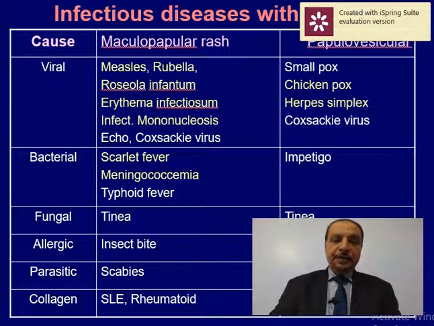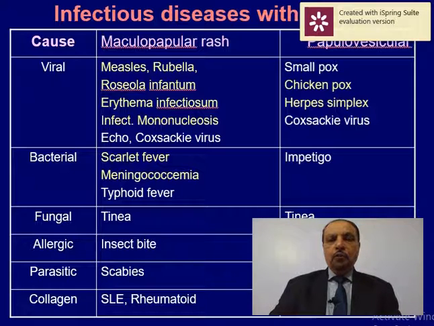Fungal infections like tinea, allergic conditions causing maculopapular rash like insect bite, and parasitic infections like scabies, and collagen diseases like systemic lupus erythematosus and rheumatoid arthritis.